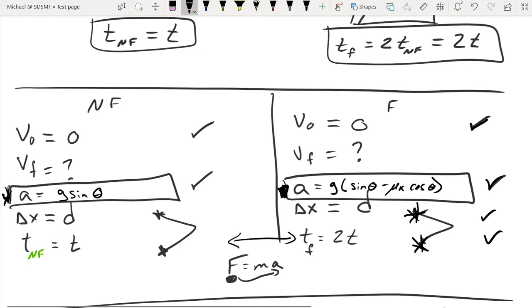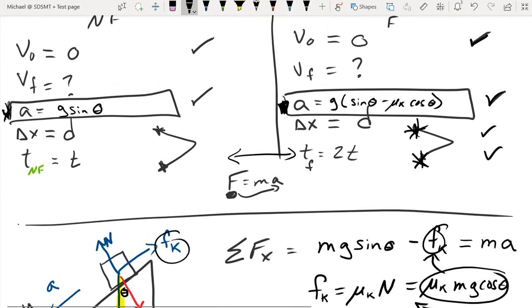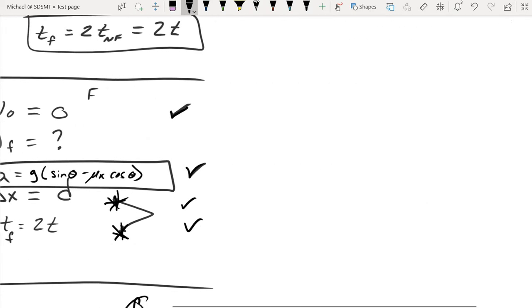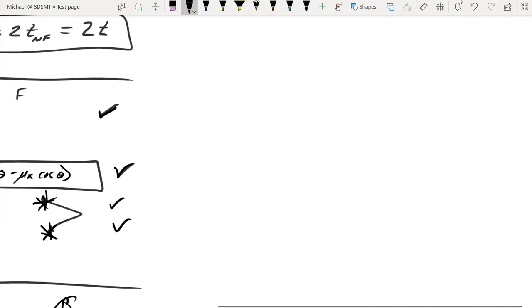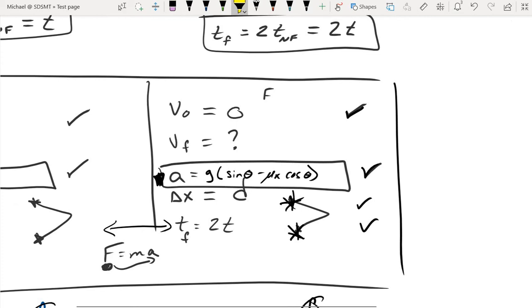Now, believe it or not, we actually have everything that we need to solve for mu k. To help us out, I'm going to clean this up a little bit. I think I'll come over this way. I'm going to produce some kinematic equations using the values that we have in each set.